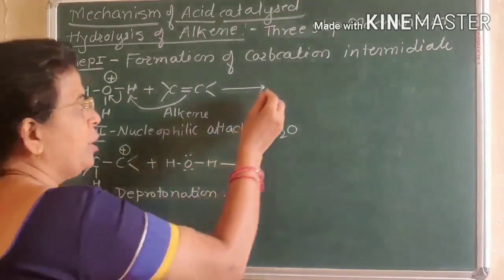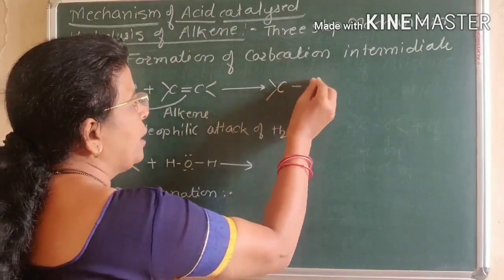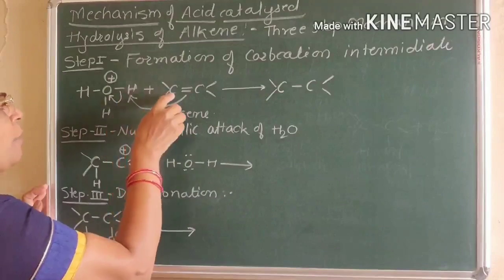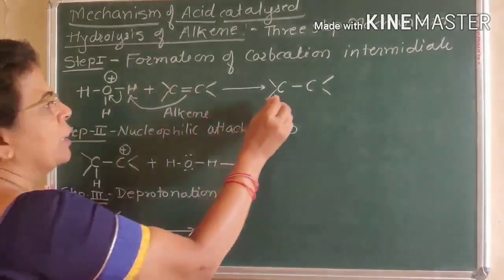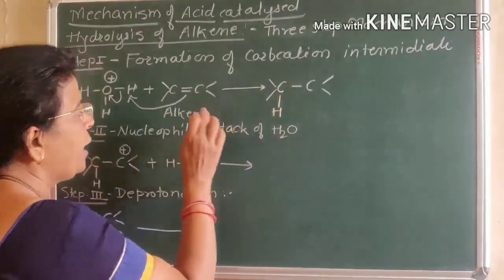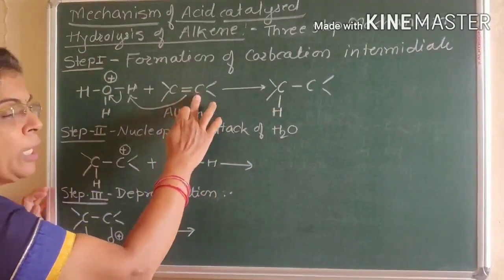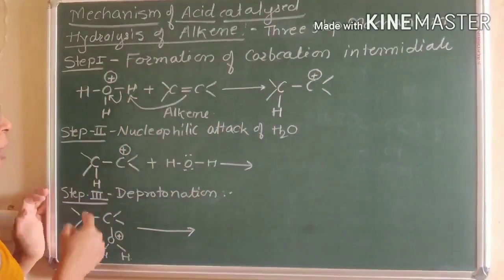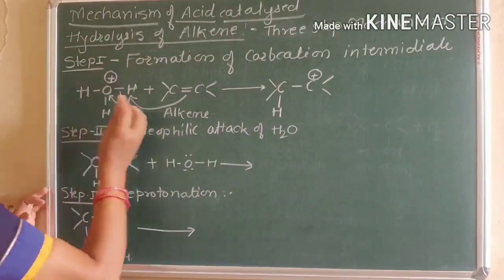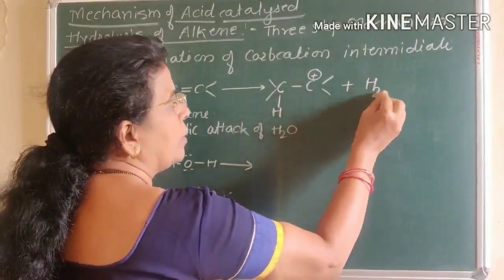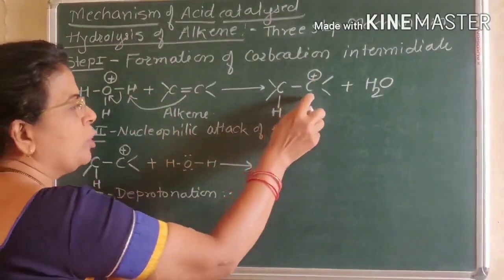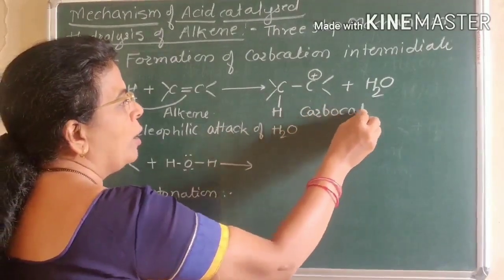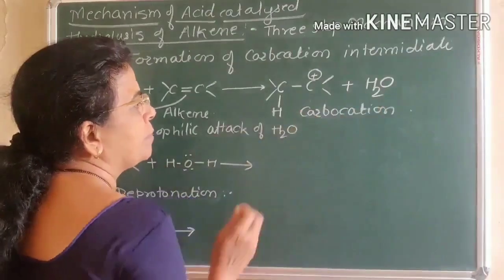Formation of carbocation takes place in this way. This carbon forms a bond with this hydrogen atom, and here this carbon becomes electron deficient, therefore a positive charge comes, and H2O is removed in this way. This positively charged carbon atom is known as carbocation or carbonium ion.